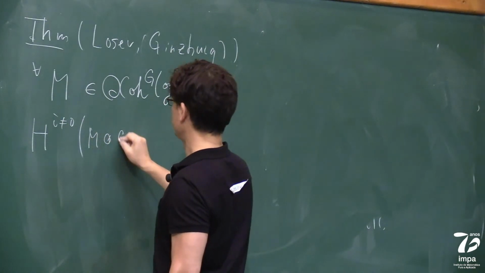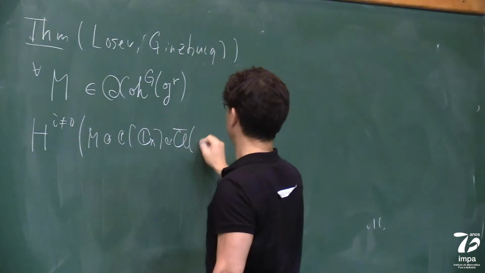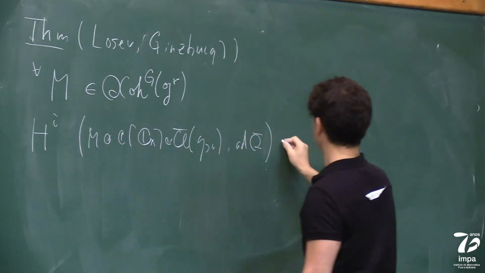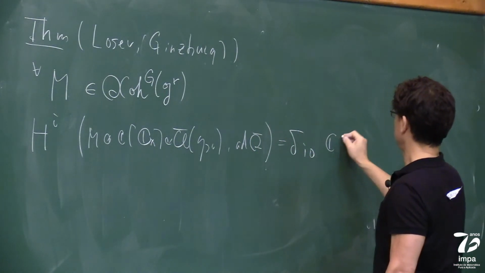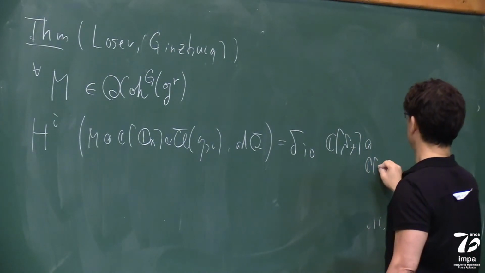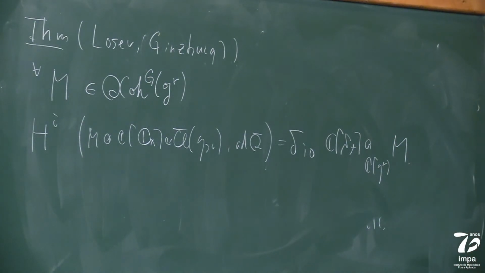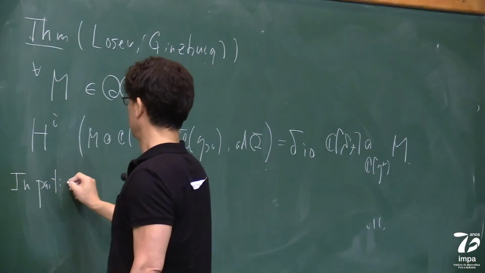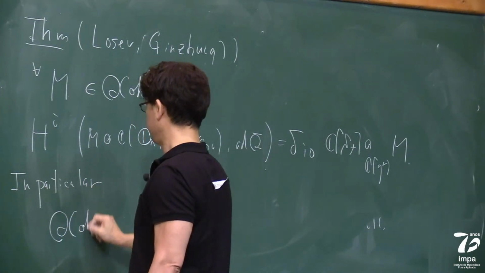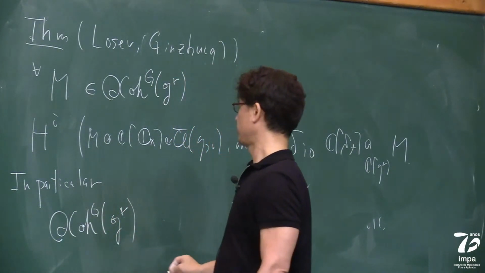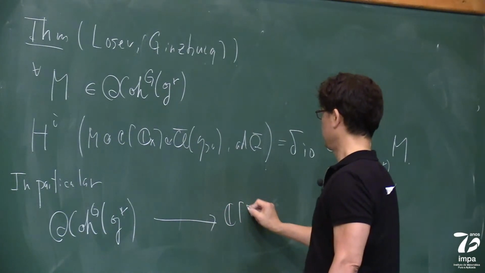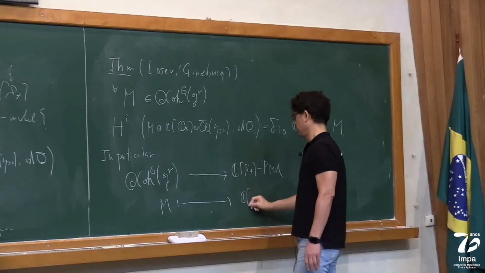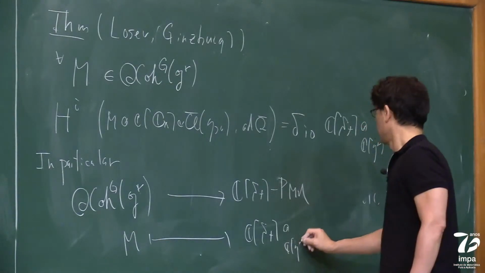So this is a statement. In particular, the functor which sends equivariant quasi-coherent sheaves to a Poisson CSF module, M to H0 of CSF tensor CG star M, is exact.